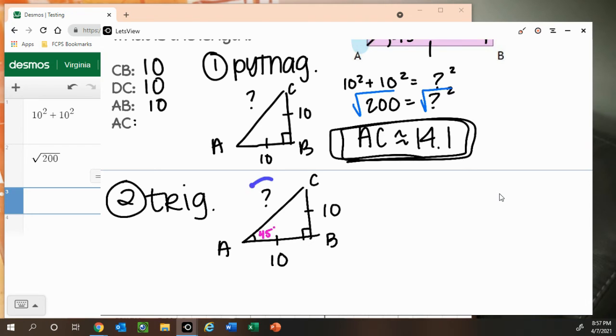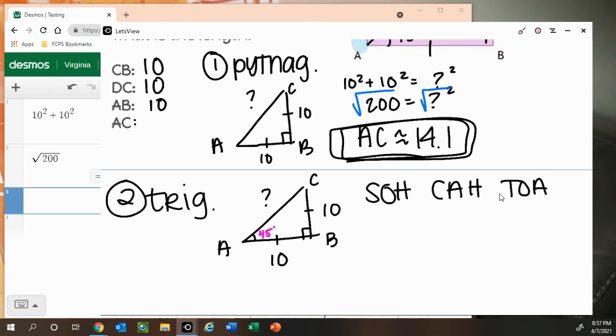So now we're going to use trig to find this missing side. You can use whatever trig function you want as long as it involves this missing side. I'm just going to go ahead and label. We know that this is our hypotenuse, this is opposite, and this is adjacent.